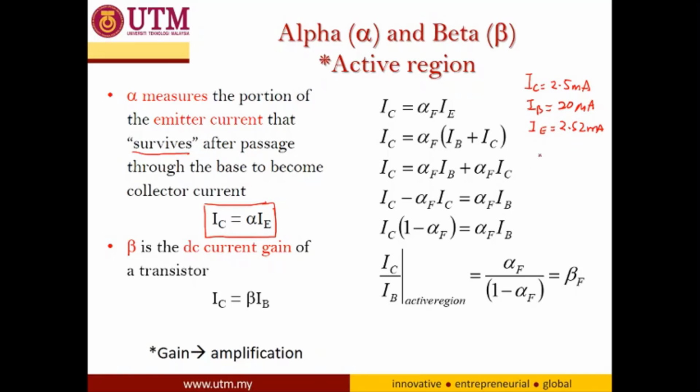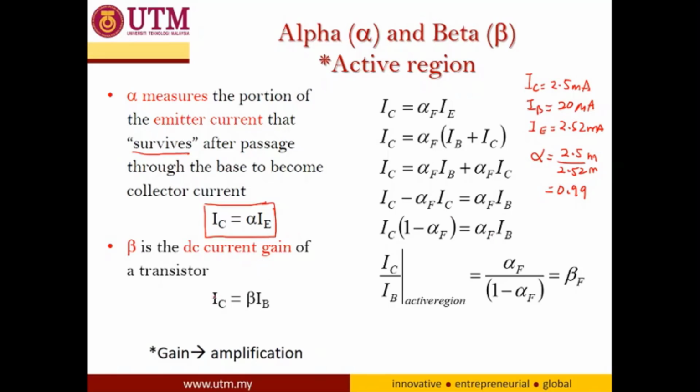So alpha is equal to IC over IE, 2.5 over 2.52. This is 0.99, which means most of the current survives and arrives at the collector terminal.